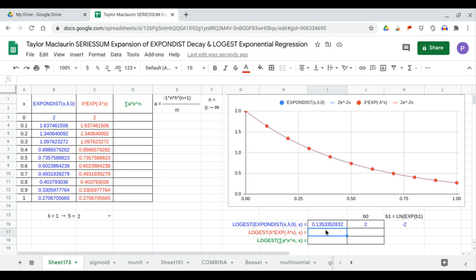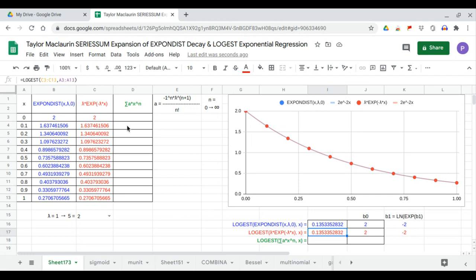And we'll use LOGEST to calculate the regression coefficient. So LOGEST, data y, and data x. Enter. And we calculate for b1, which is ln of exponent b1. And they are the same.